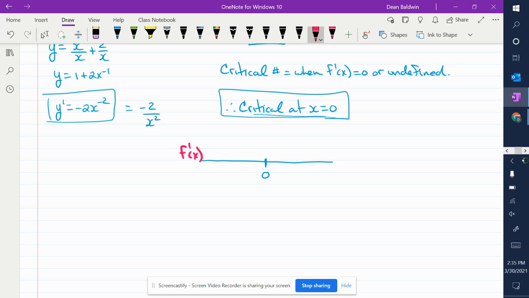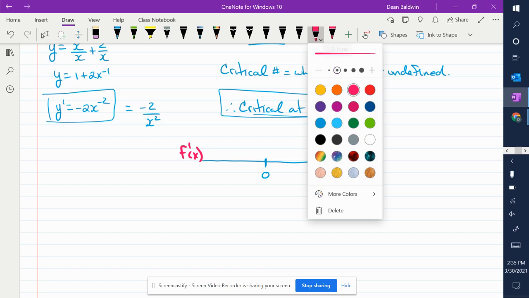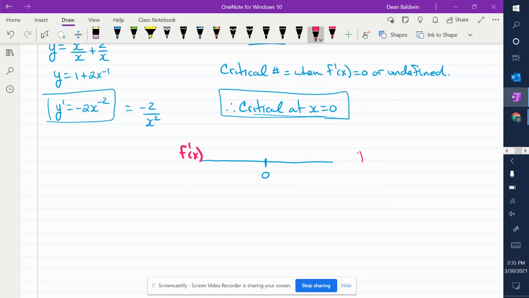And you put the interval point that you're testing into the derivative. Okay? So I'll just pick -1. So plug -1 into the derivative.